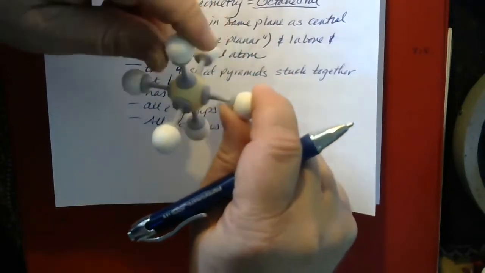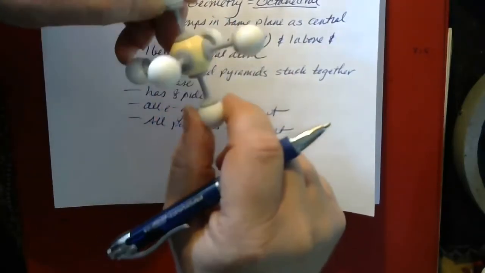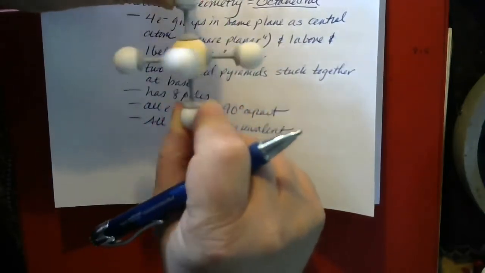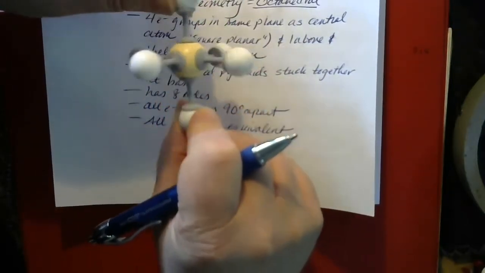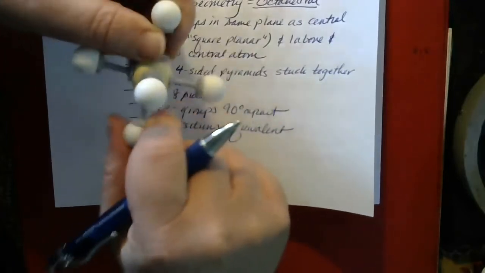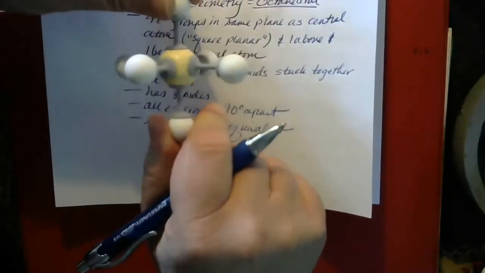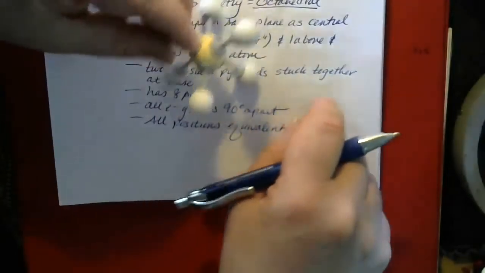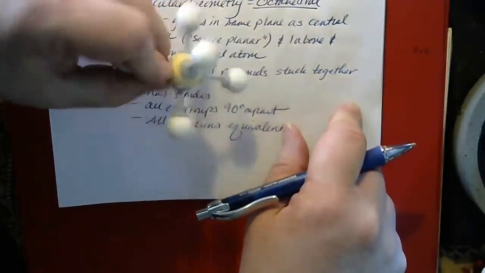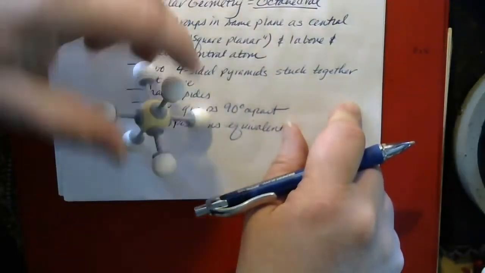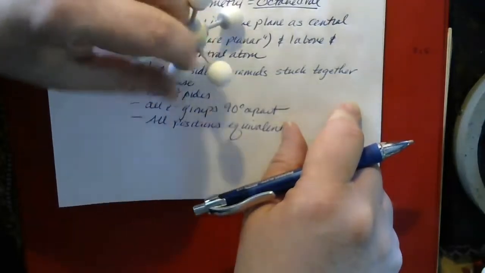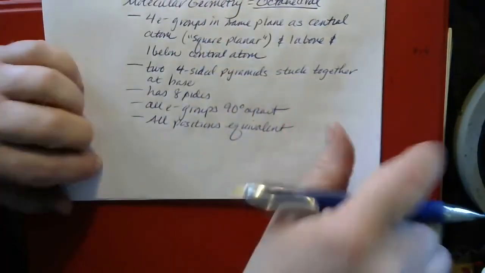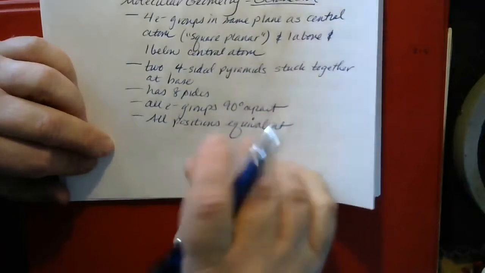I could turn it around like this and you would end up with the same thing, 4 in the same plane, one above and one below. I could put the octahedron down like that, flip it over and around and back, and you couldn't tell the difference as long as all the outer atoms are the same. That's what we mean by all of the positions being equivalent.